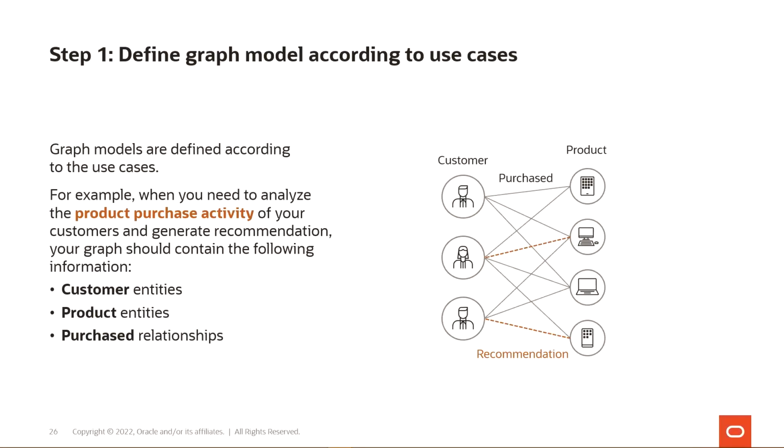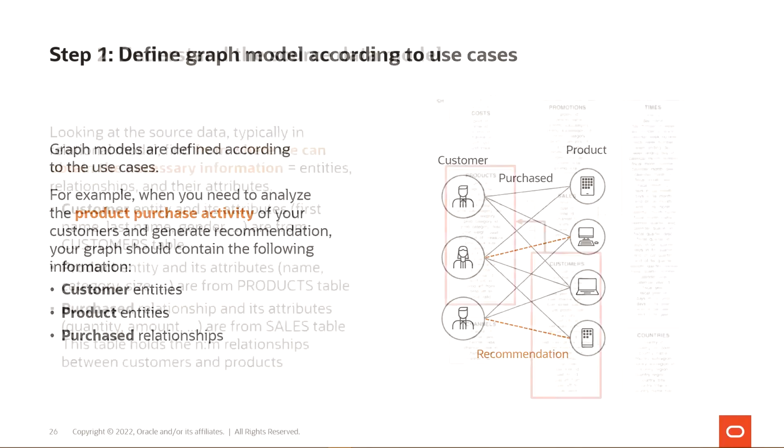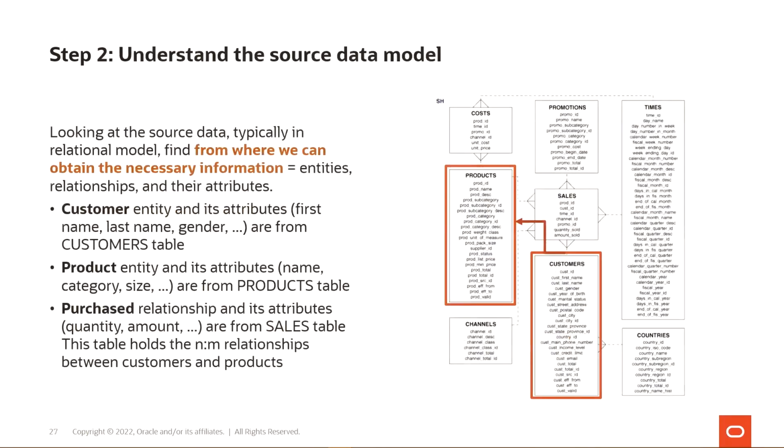So we have defined a graph model based on our relational tables. We probably have a look at it before to understand it and how data are related, and then also use this information to define the best graph model.